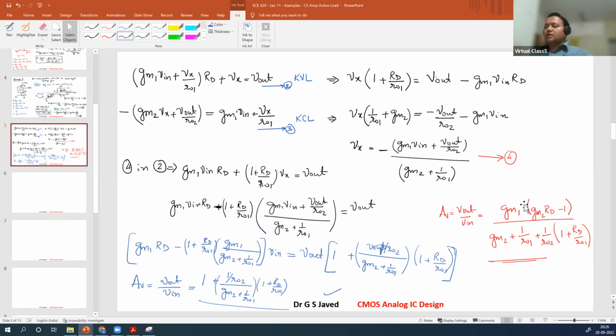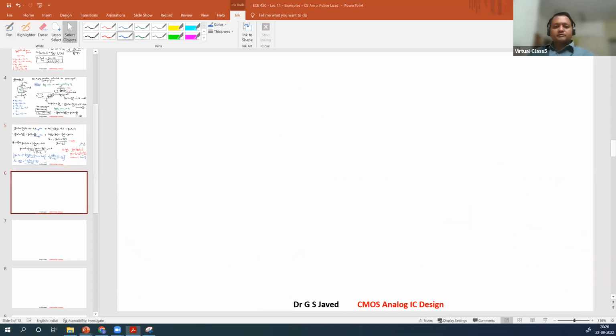So gm2 RD increases the bandwidth, but it reduces the gain. If you take the feedback, this will be your gain and bandwidth factor, and this will result in your linearity. By reducing your gain, you will reduce your linearity also considerably. So this is one another example.